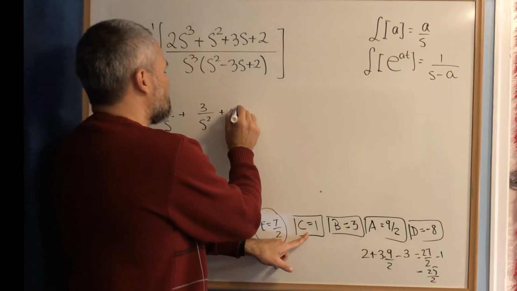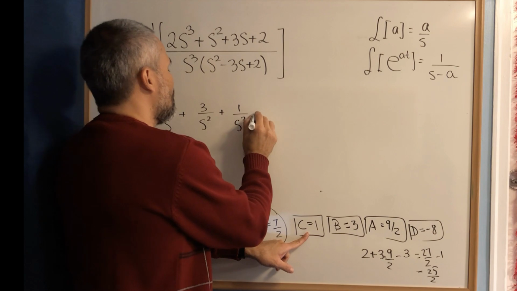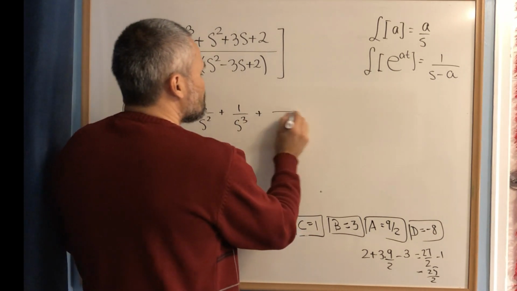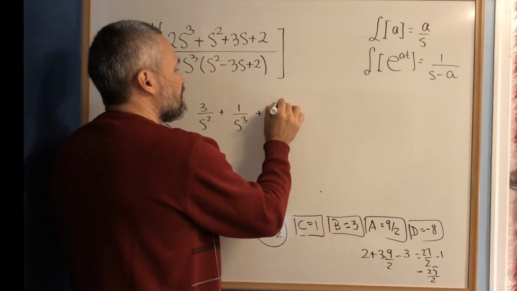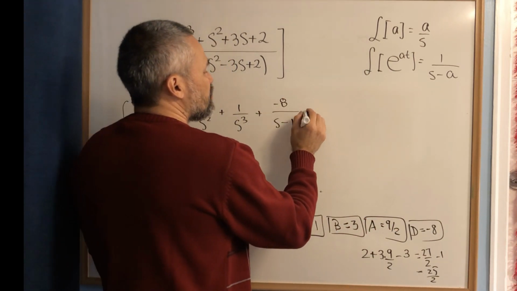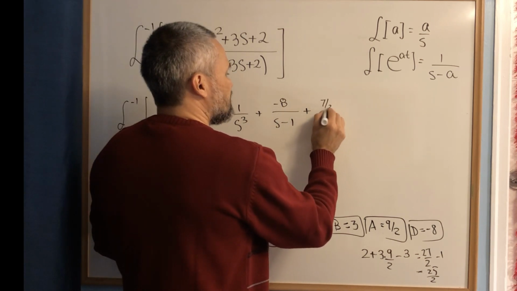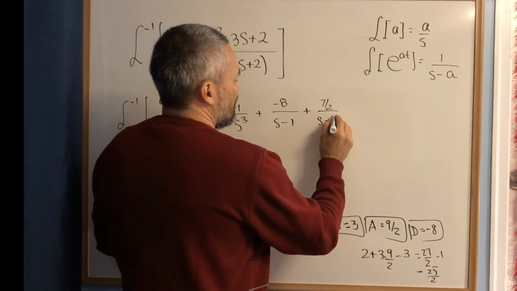Plus 1 over s cubed, plus d over s minus 1. What is d? Negative 8 over s minus 1, plus e, 7/2 over s minus 2.